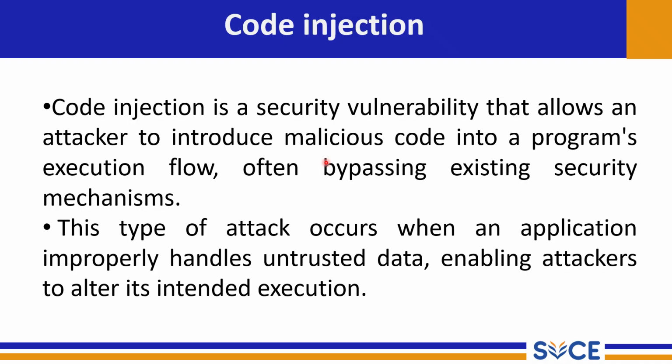This type of malware attack occurs when an application improperly handles unstructured data, enabling attackers to alter its intended execution. The consequences of code injection attacks can be severe, ranging from unauthorized data access to complete system compromise and data leakage.